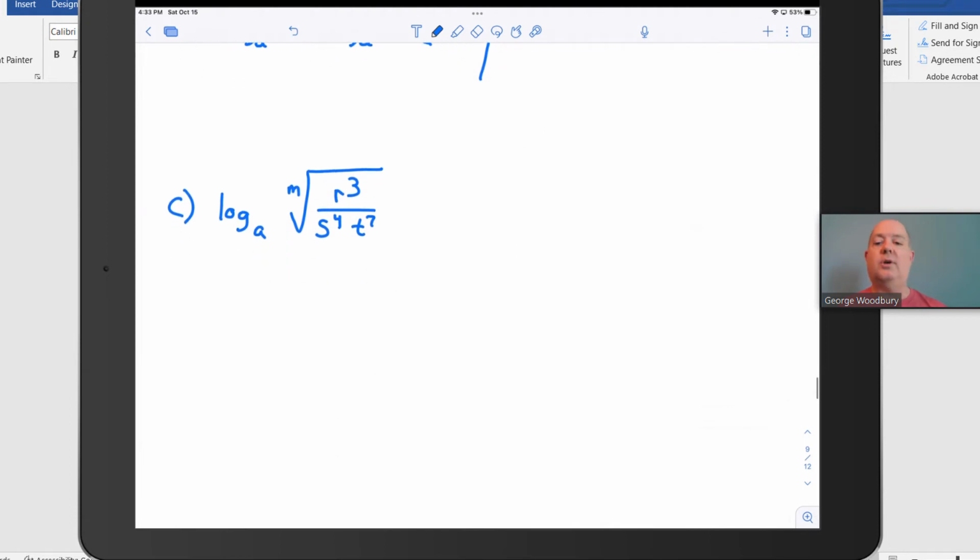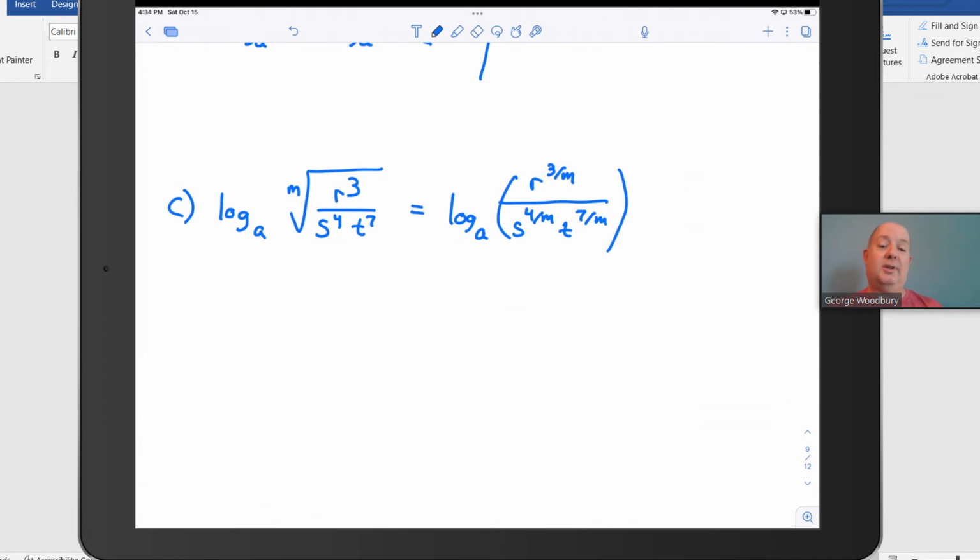One more to go here for expanding. And remember that the mth root, the root whose index is m, is really equivalent to an exponent of 1 over m. So I can rewrite this first as log base a of r to the 3 over m all over s to the 4 over m t to the 7 over m.